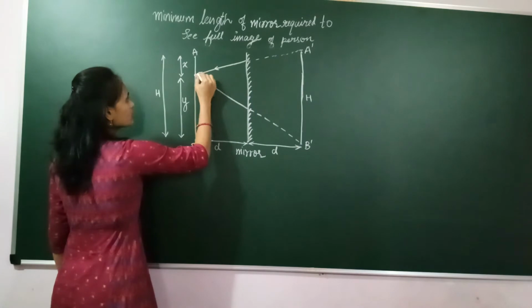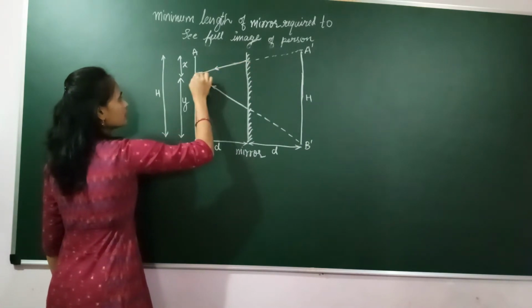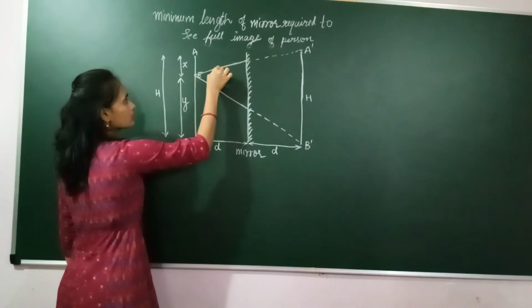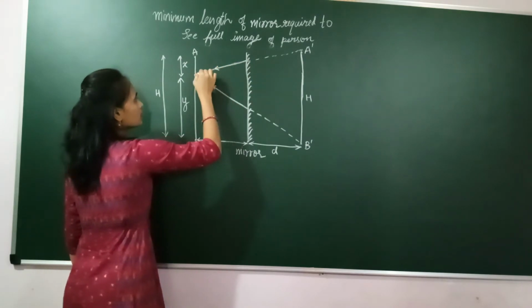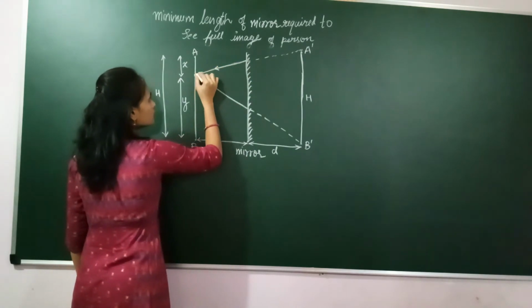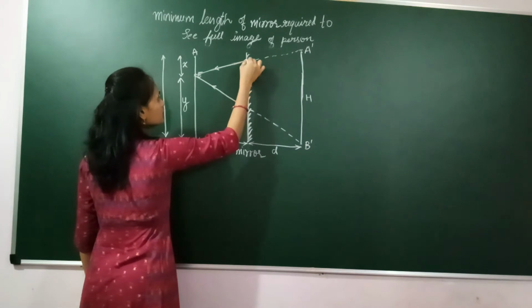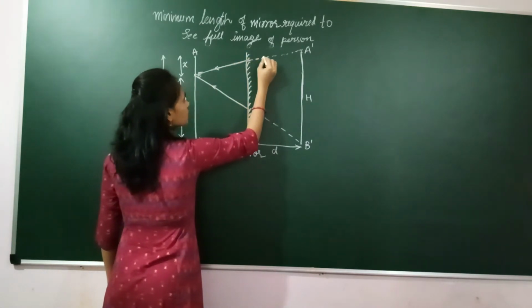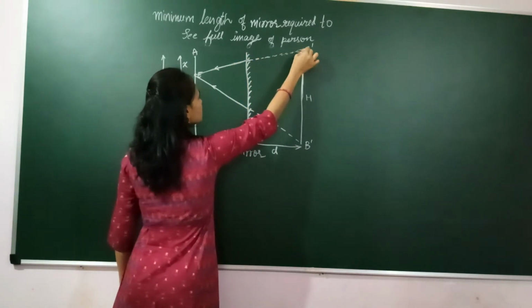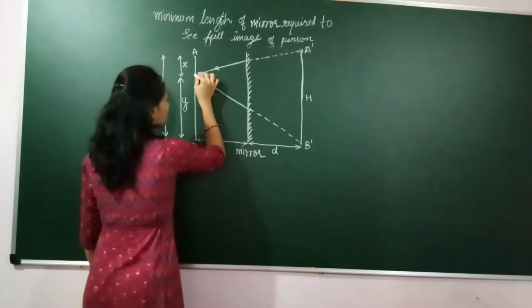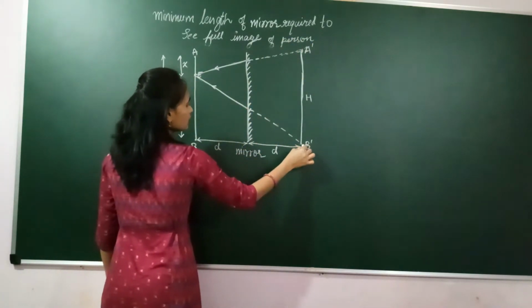This is the ray which is entering our eye. Our eye retraces this ray back. When it retraces this ray, we extend it and we get the image somewhere at this point, and here also, when we extend, we get the image.